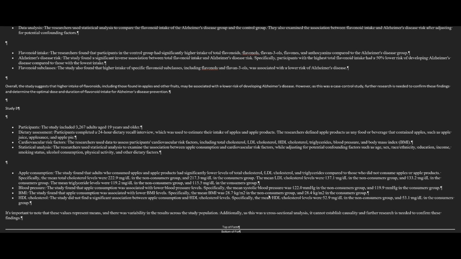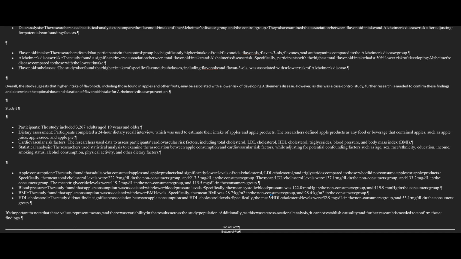Specifically, the mean systolic blood pressure was 122.0 millimeters of mercury in the non-consumer group and 119.9 in the consumer group. BMI. The study found that apple consumption was associated with lower BMI levels.